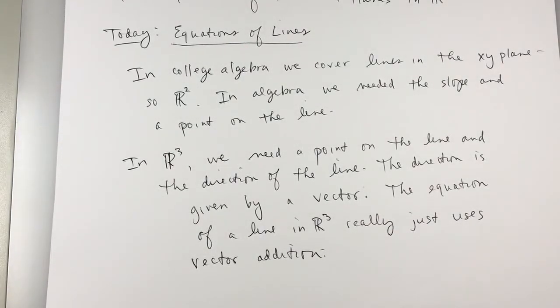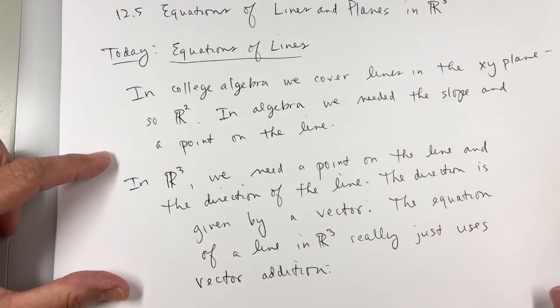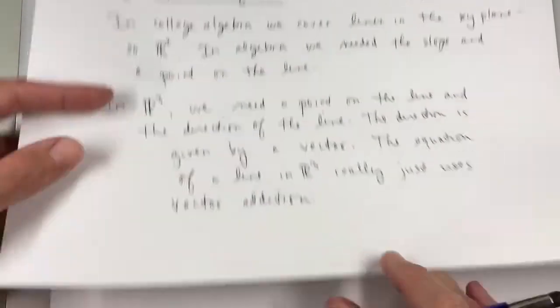So I'm going to draw a little picture to show what's going on, and I'm going to draw my picture in two space. I'm going to draw the picture where the z coordinate is 0. So it's just going to be easier for me to draw it that way.